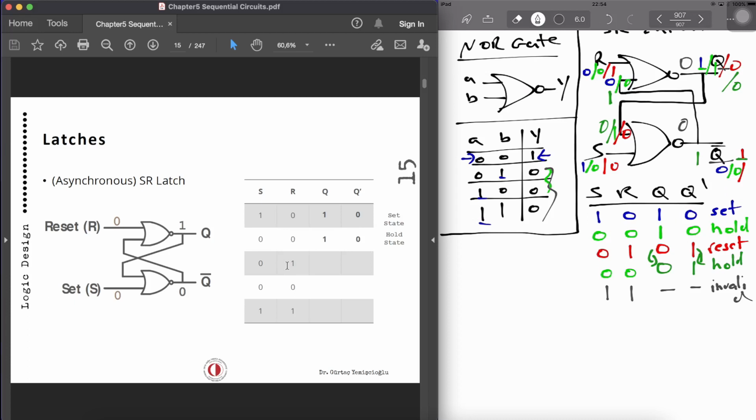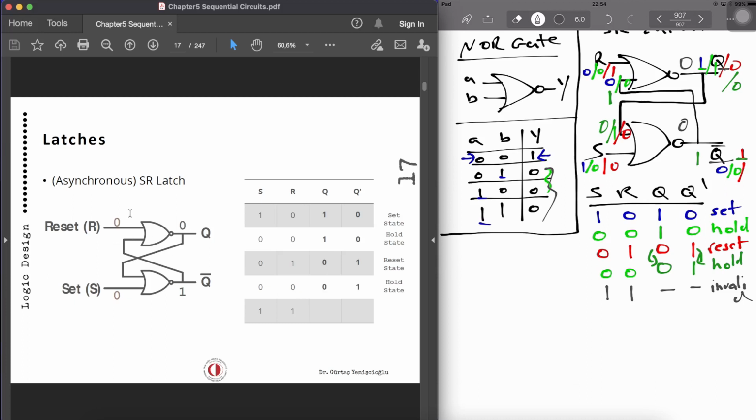Then when we change S to 0 and reset to be 1, we are actually forcing the output to be 0. At this point, as this is 1, and if any of the inputs are 1, the output is 0, then this will be 0. This 0 will be fed back. 0, 0 will give you 1 for the Q bar. And you can see that the output is going to be reset to 0, and the output bar will be 1. And we try hold again.